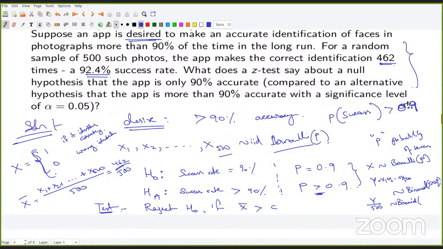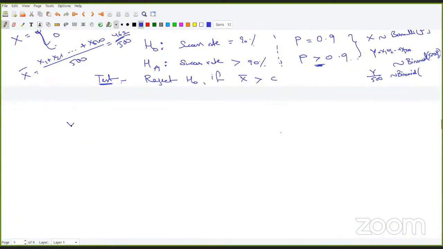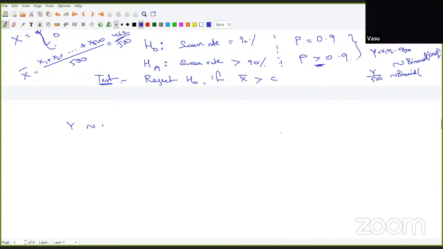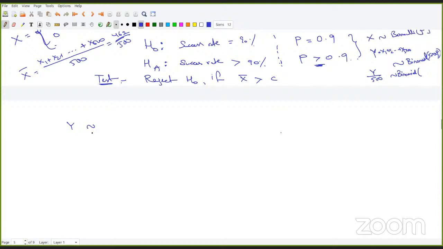So I have a random variable Y which follows some distribution. Why this is correct is, when Y follows some distribution X with mean mu and variance sigma square, what will Y by n follow?